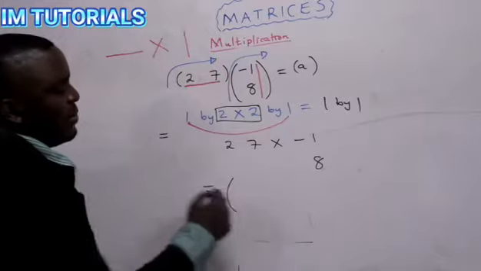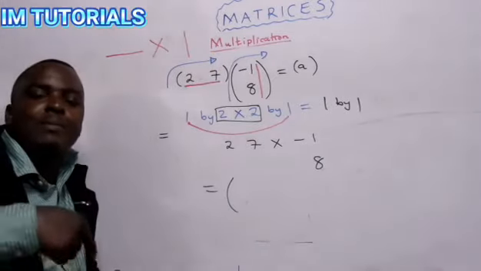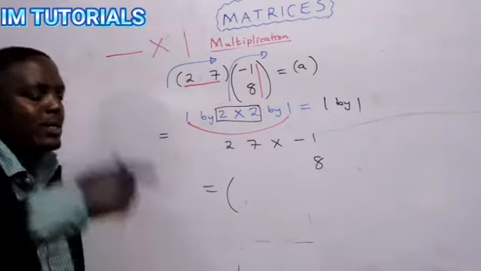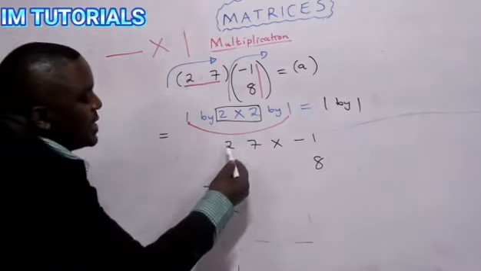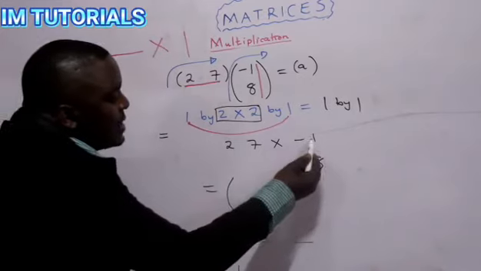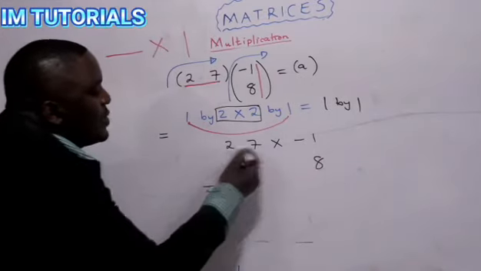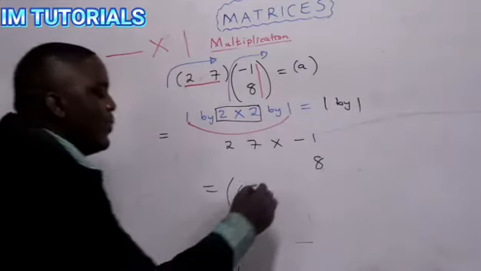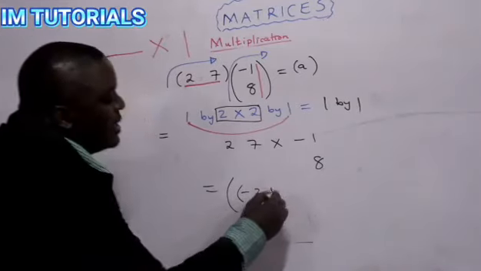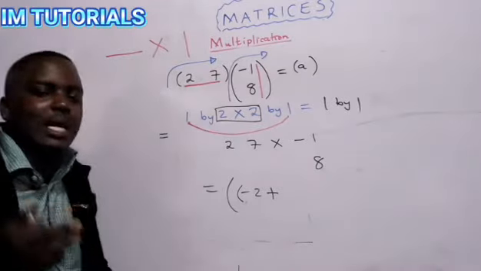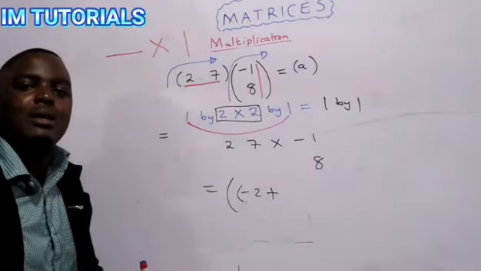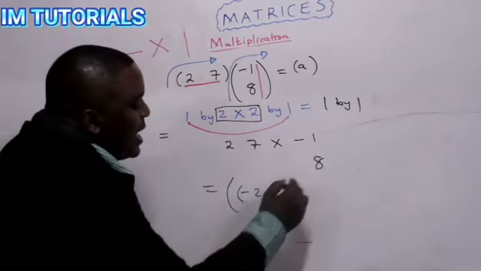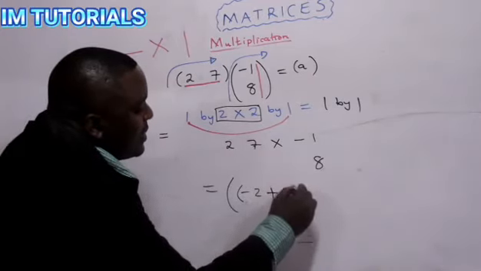Using the same concept: first number times first number plus last number times last number. So 2 is the first number times another first number, which is minus 1. So 2 times minus 1, you get minus 2. Right, then you put a positive sign in between so that you add the product of last numbers to the product of the first numbers. So 7 times 8, you get 56, right?